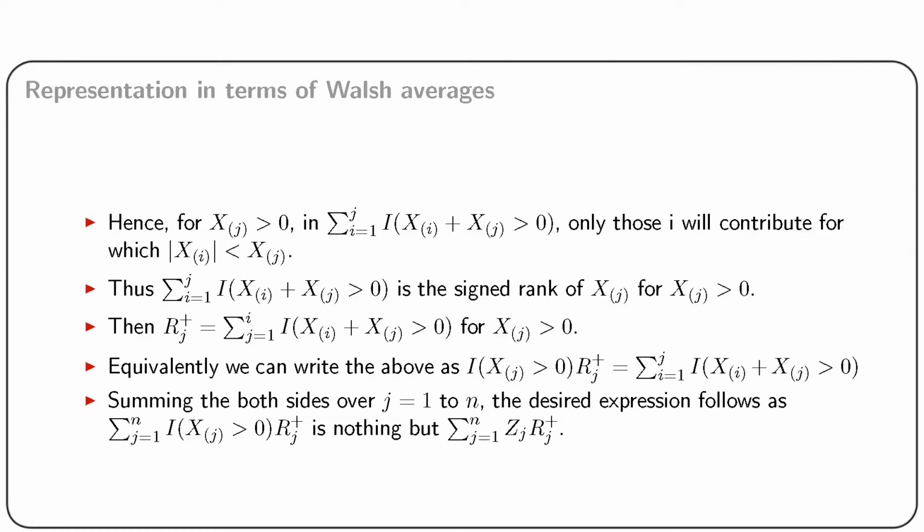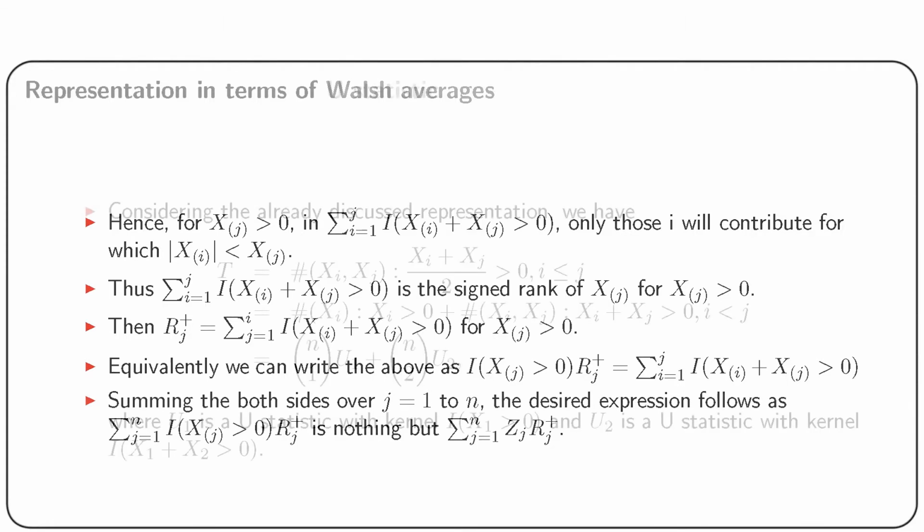Summing both sides over j from 1 to n, the desired expression follows as summation j from 1 to n indicator x ordered j greater than 0 multiplied by rj plus, which is nothing but summation j running from 1 to n zj multiplied by rj plus.